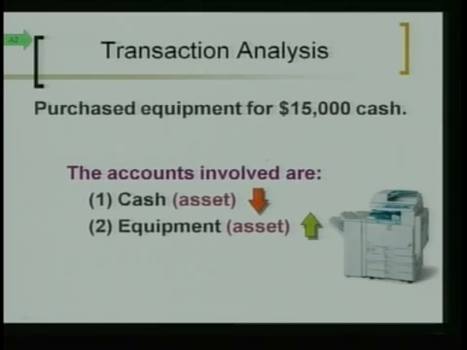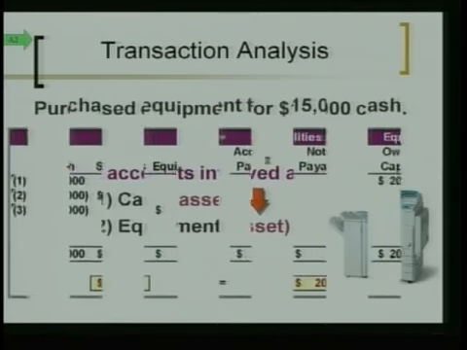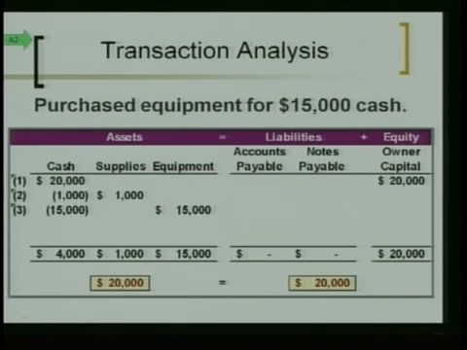Those are both assets once again. Now, supplies aren't the same thing as equipment, okay? So when we look at it in this analysis, your cash has decreased by $15,000, and your equipment has increased by $15,000.